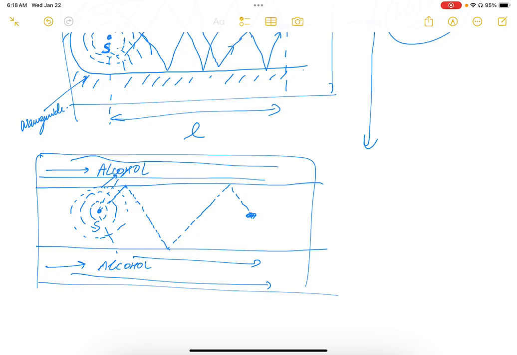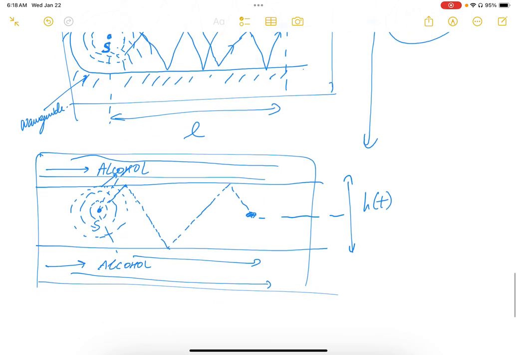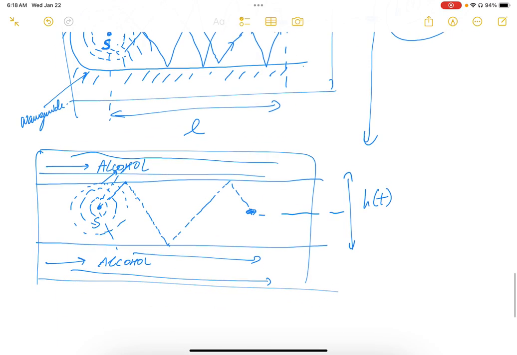But here, of course, if you look at the height at which the paper moves up and down, this height would not be as much as the case where you use the wall, but it would still be much greater than the case where you had no flow of alcohol. So in this case, it will be proportional to the power, but it will also be proportional to the sine square of the angle that is made by this.